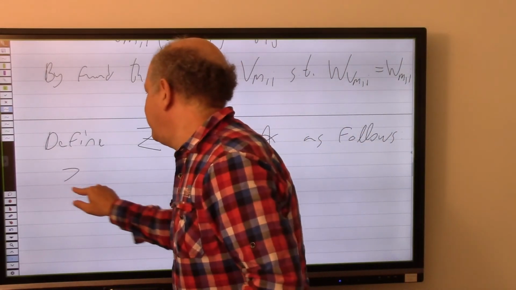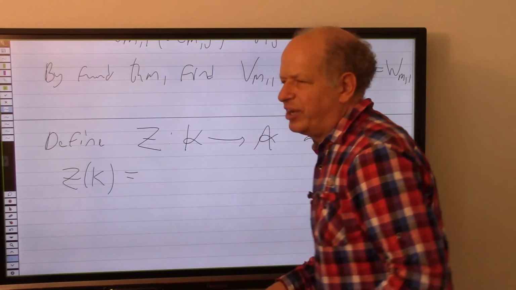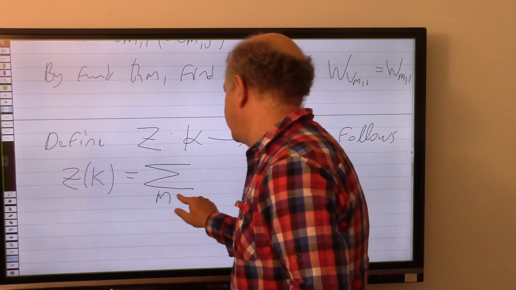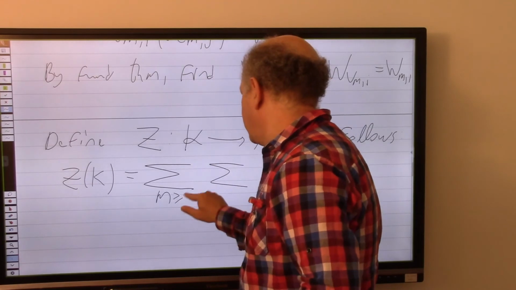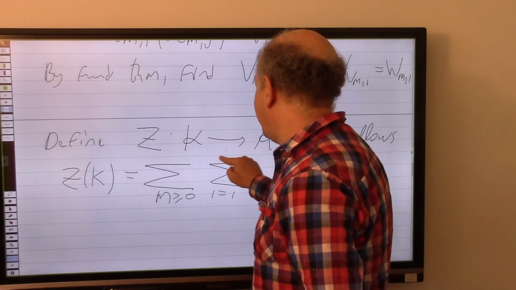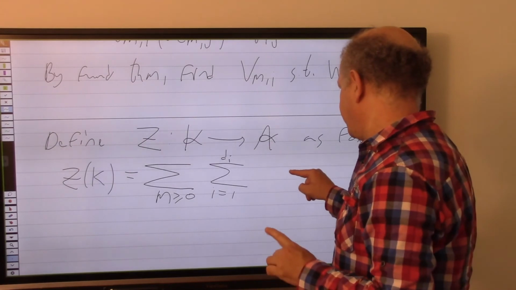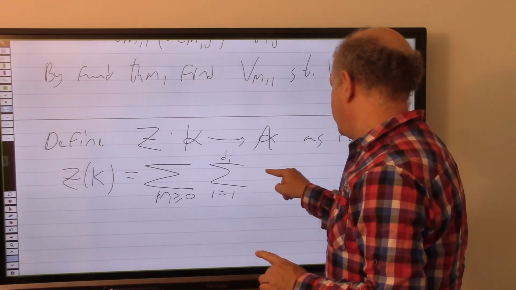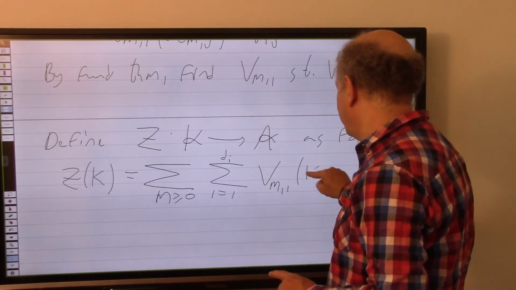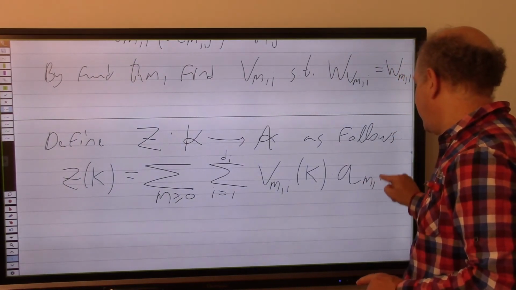If you are given a knot K, I will define Z of K to be the sum over all m of the sum over i from 1 to d_m, so basically the sum over all m's and i's of the invariant V_mi evaluated on K multiplied by A_mi.